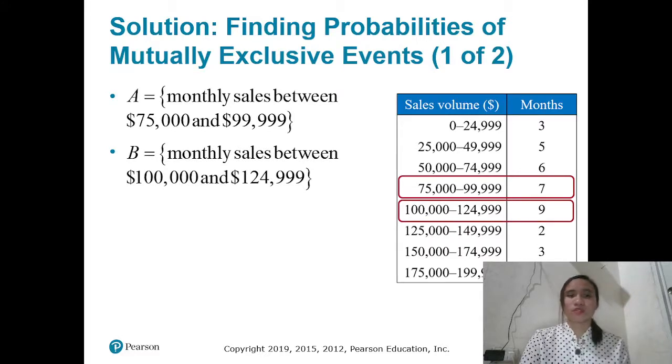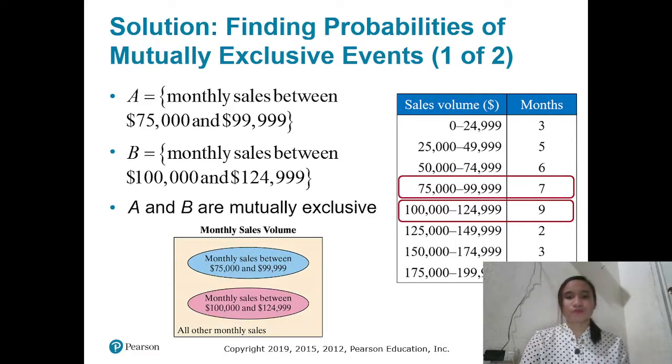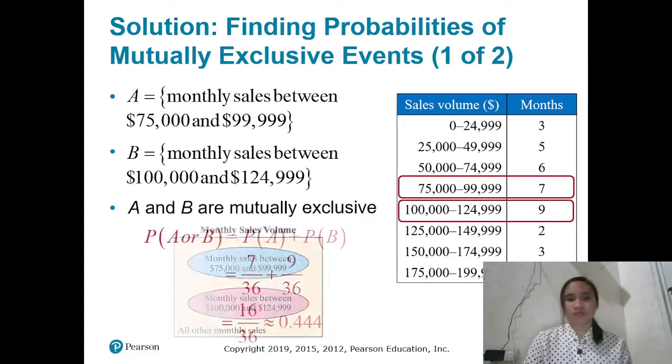Then B is monthly sales between $100,000 and $124,999. A and B are mutually exclusive because event A is monthly sales between 75,000 and 99,999, and event B is monthly sales between 100,000 and 124,999. All other monthly sales are excluded.